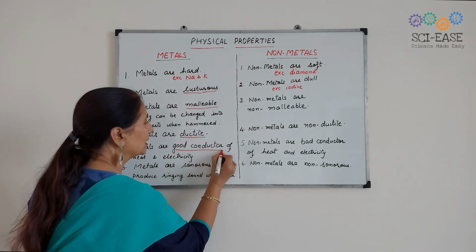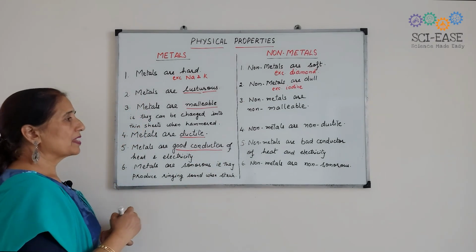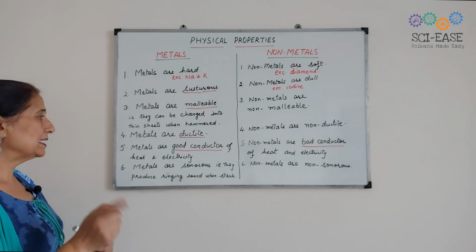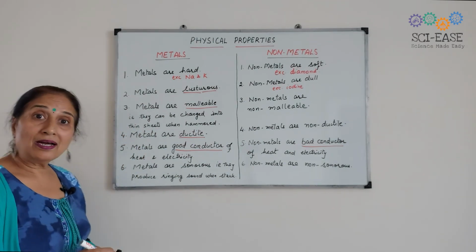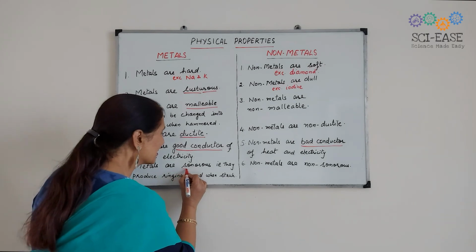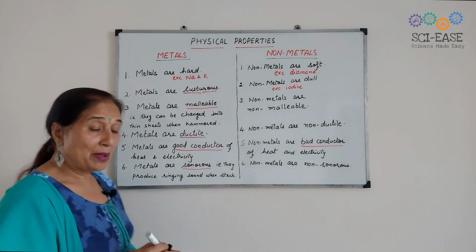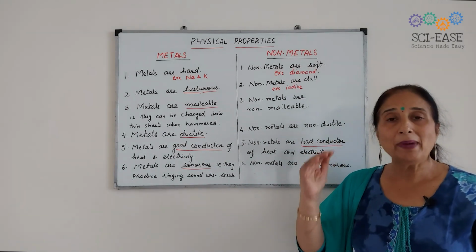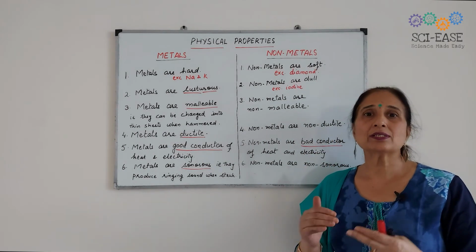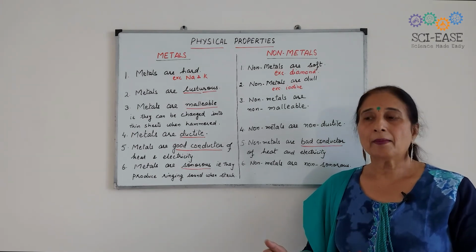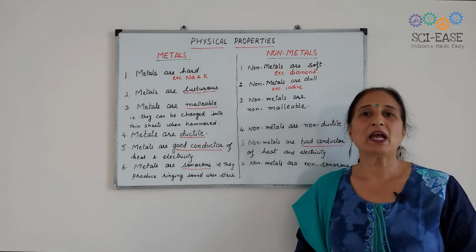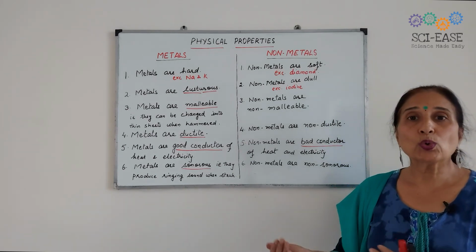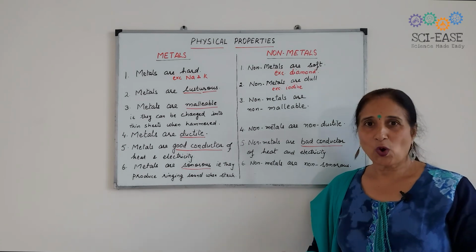So you must know what is a good conductor and what you mean by a bad conductor of heat and electricity. The last term is sonorous. Metals are sonorous. I'm repeating it because these terms are new for you. You are to memorize the definitions of these terms also, because sometimes the definitions may be asked, such as what do you mean by malleability, ductility, sonorous. So you should know all these terms.